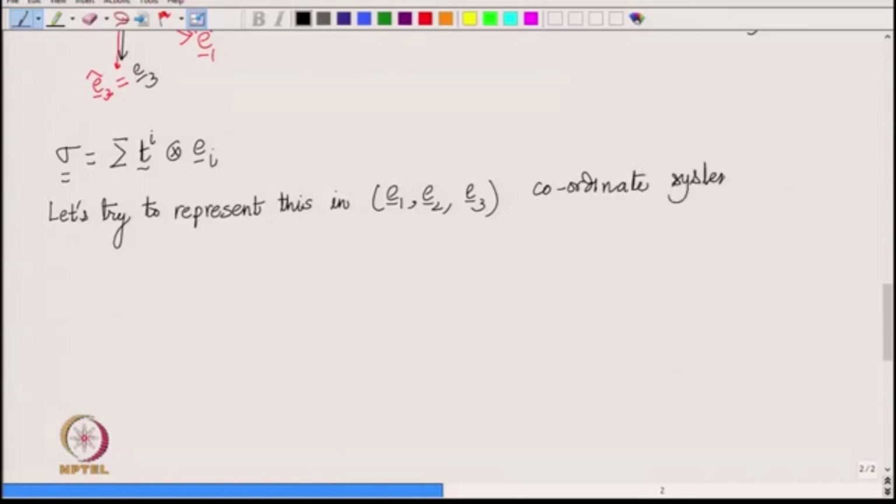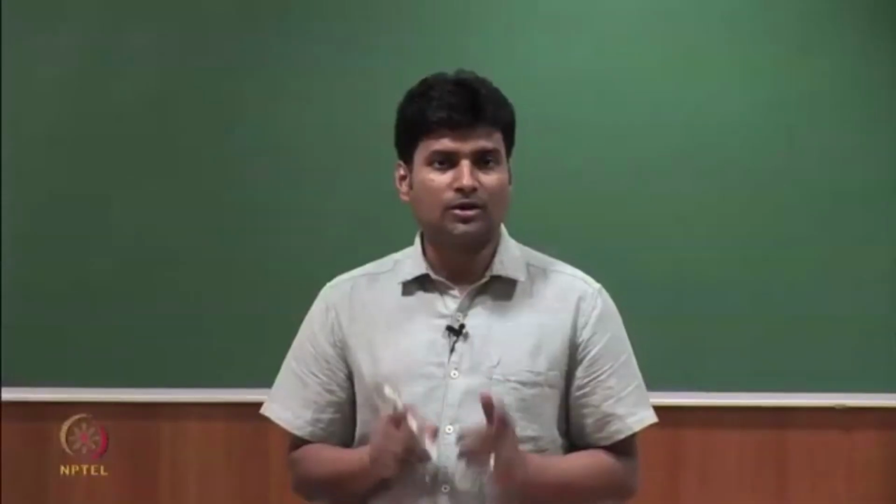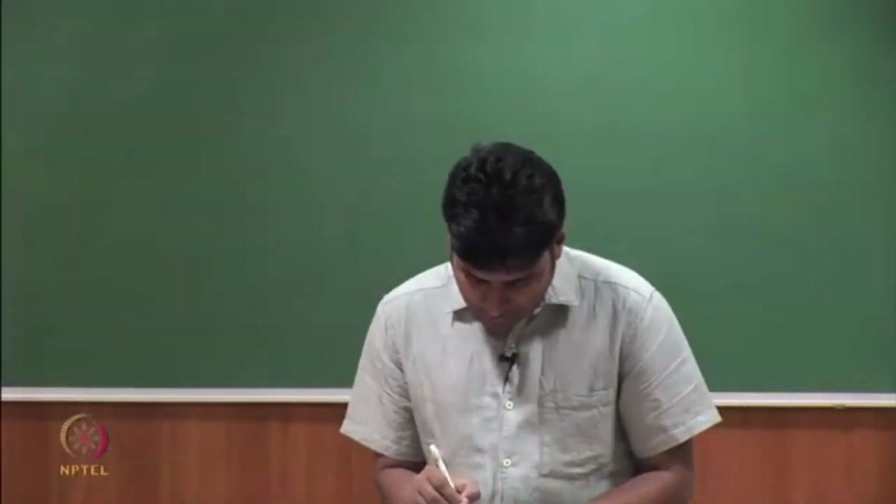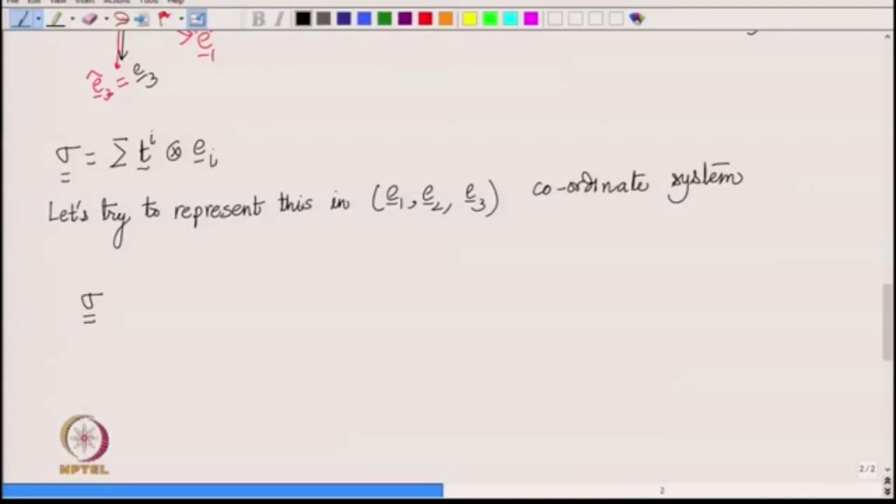Now, as you know, the stress tensor is a second order tensor. So, its representation is going to be a matrix. For vectors it is a column, but for second order tensors, it is a matrix. Okay. So, sigma its representation.